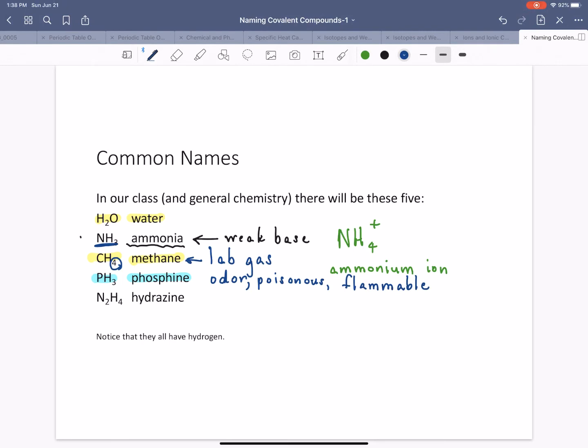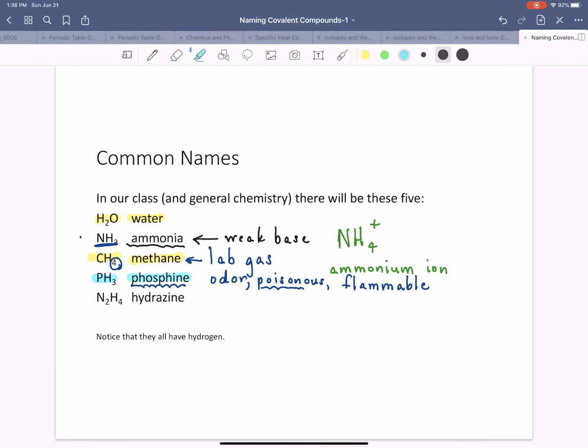So if you're a fan of Breaking Bad, you may have heard Walter White and Jesse talking about phosphine. This is why they wore the respirators, because they didn't want to breathe this. And on the news, you may hear about a methamphetamine bust. Somewhere, a house exploded or people were killed because they were breathing this poisonous gas. So that's one you may hear about on the news.